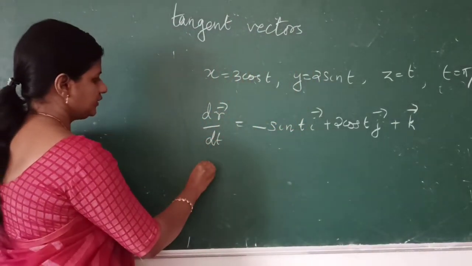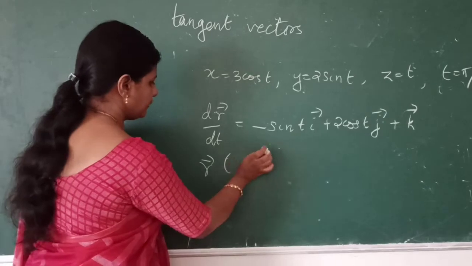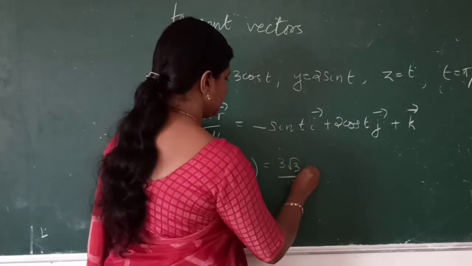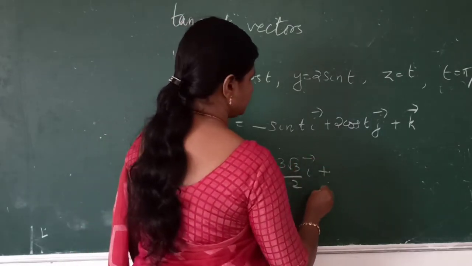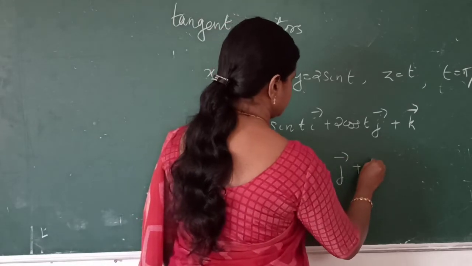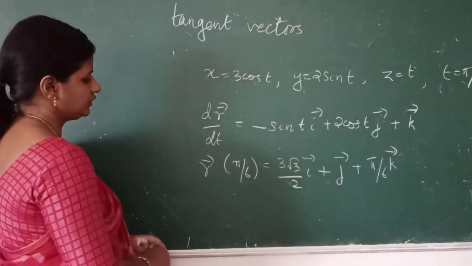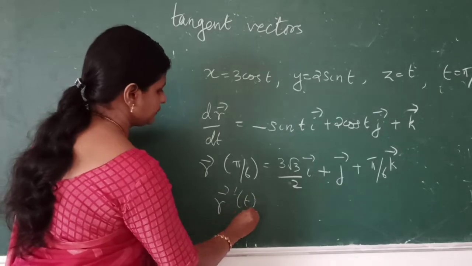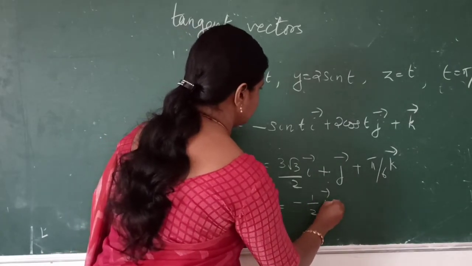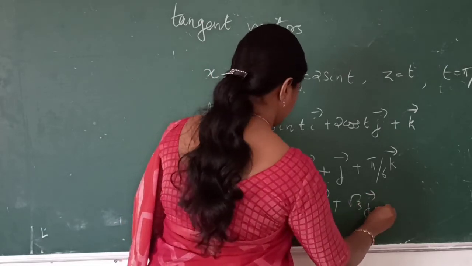Now at t is equal to pi by 6, r of pi by 6 is equal to 3 root 3 by 2 i plus 2 times 1 by 2, so j, plus pi by 6 k. And r bar dash at t is equal to pi by 6 is equal to minus 1 by 2 i plus 2 root 3 by 2, that means root 3 j, plus k.